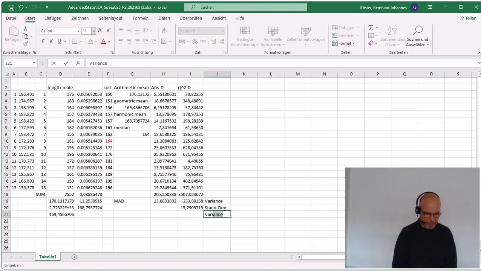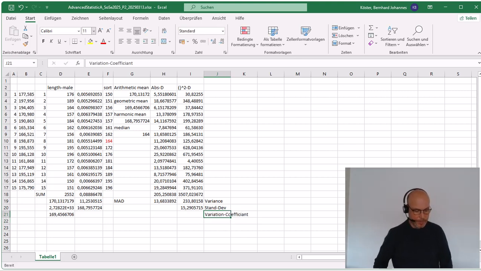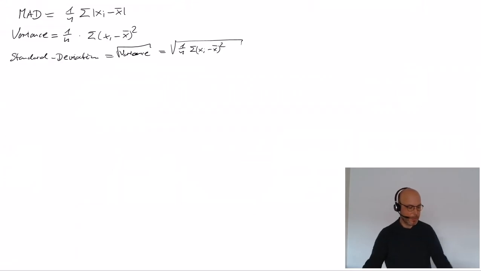And the variation coefficient. Have you heard about this?